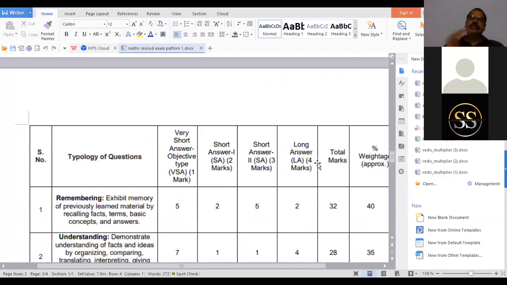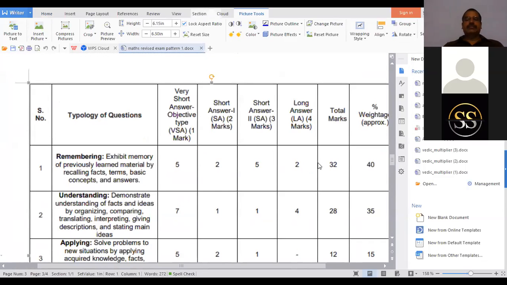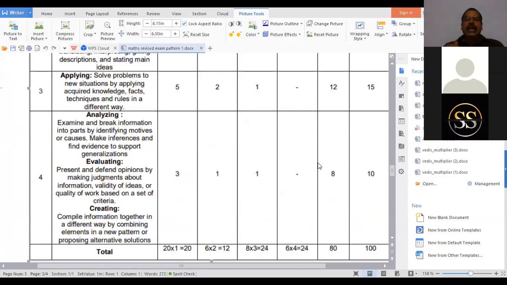Remembering and understanding mean basic concepts, just 75 marks. And applying, analyzing, evaluating, creating only 25 marks. So out of 80, 20 marks only for them are difficult. For you, 48 marks, difficult level.